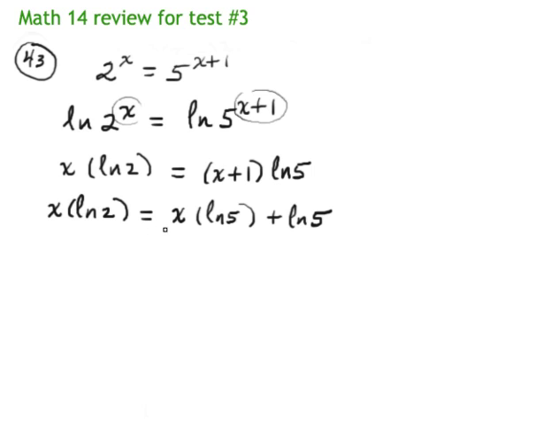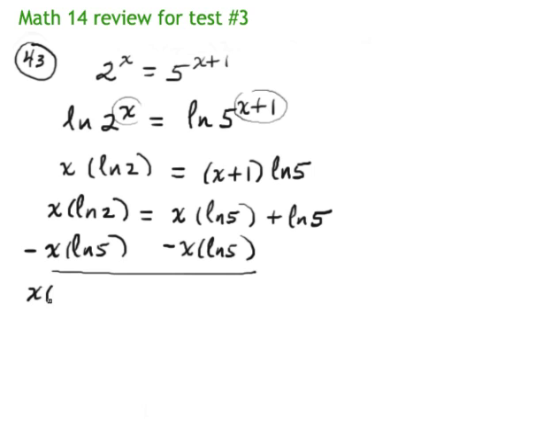We want to gather together the x terms, so let's subtract this x ln 5 from both sides. Alright, so I'll write this as simply x ln 2 minus x ln 5 on the left-hand side and equal to this ln 5 on the right-hand side.